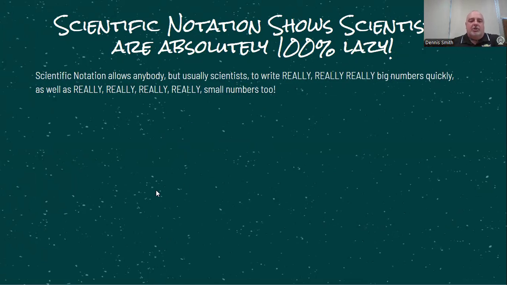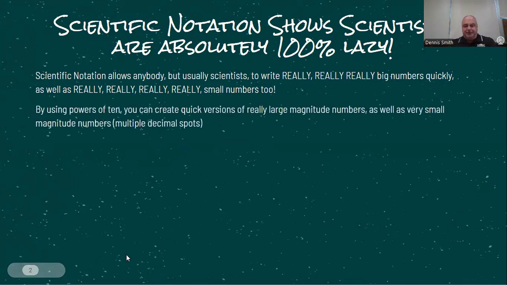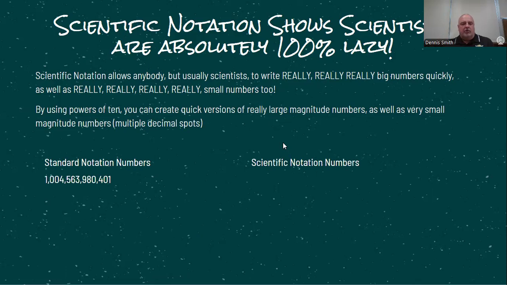It gives you the opportunity to not have so many numbers in a number. By using powers of 10, you can create quick versions of really large magnitude numbers as well as very small magnitude numbers, with multiple decimal spots. You'll see once we start showing the examples.